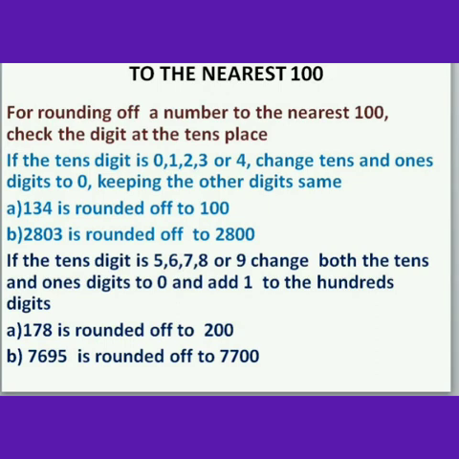Here we are applying the corresponding rule, and we have to round off the numbers to nearest 100. Okay children, hope you clearly know the difference between the rounding of numbers to 10 and 100. Do a lot of exercises.